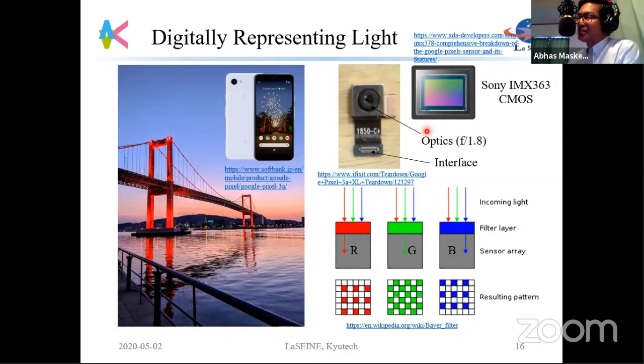It's already built into the image sensor. The R allows only red light to get in, G allows only green light, and B allows only blue light. Because our eyes are sensitive to green, we have doubled that. The number of pixels that represent green is larger, and red and blue are fewer.